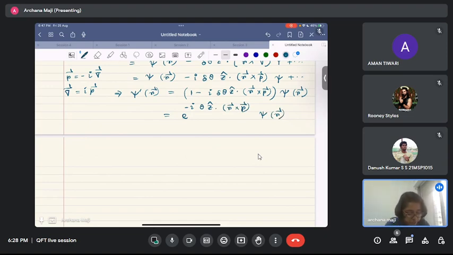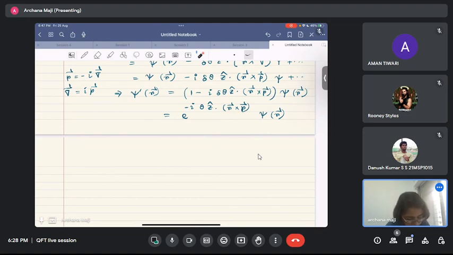So here this denotes the generator which is generating the transformation, and this is the corresponding parameter, and you know very well this is nothing but angular momentum.